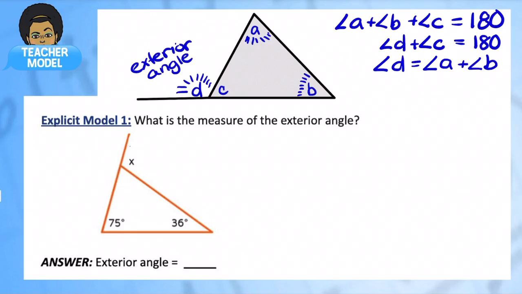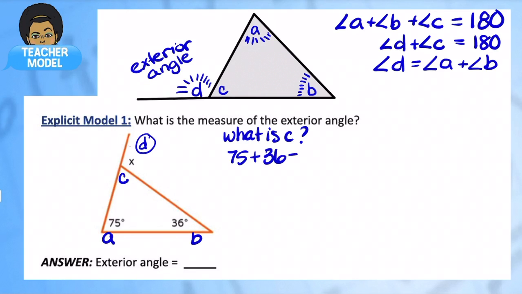And we're going to look at them mathematically. So let's try it using actual numbers. Over here we have a triangle, for example. We have two angles. Let's name it A, B, and C. And we do not know this angle over here, angle D. Here's our angle D. If I just wanted to know what C is, I could just do 75 plus 36 plus C equals 180.